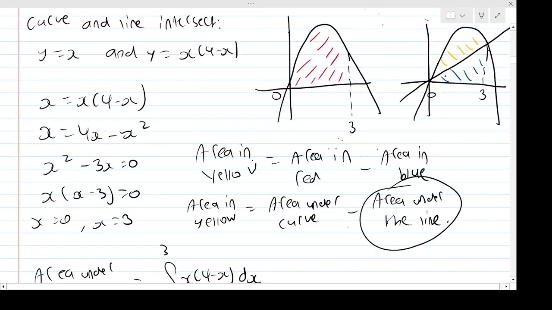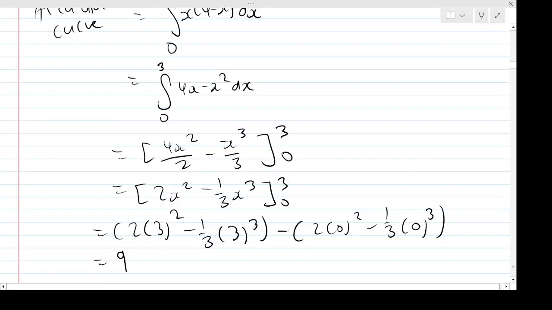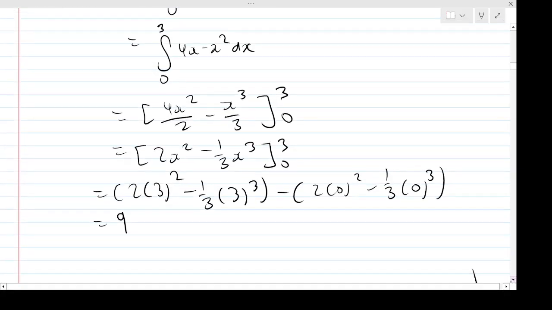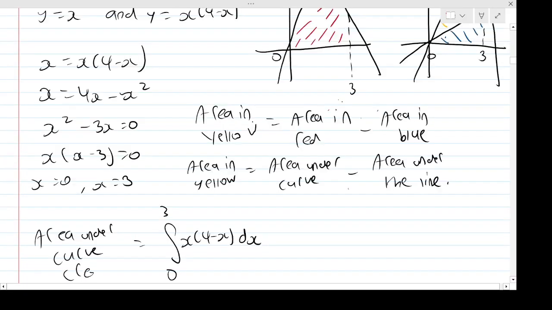Now we need to work out the area under the line, the area in blue here. If I write that down, area under line, which is blue, and the area under the curve was red.